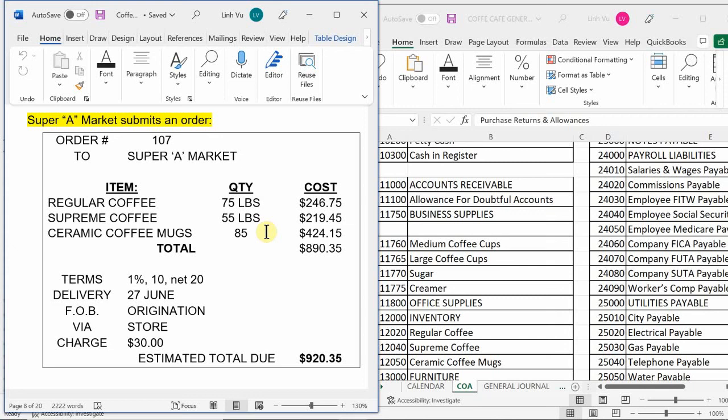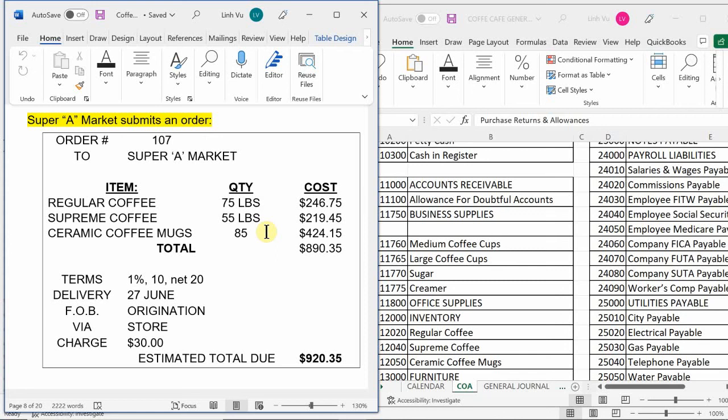Never mind. Okay. So we would go into our accounts receivable. No, because we haven't earned the sale yet. We're not scheduled to do the delivery until the 27th. So go back.